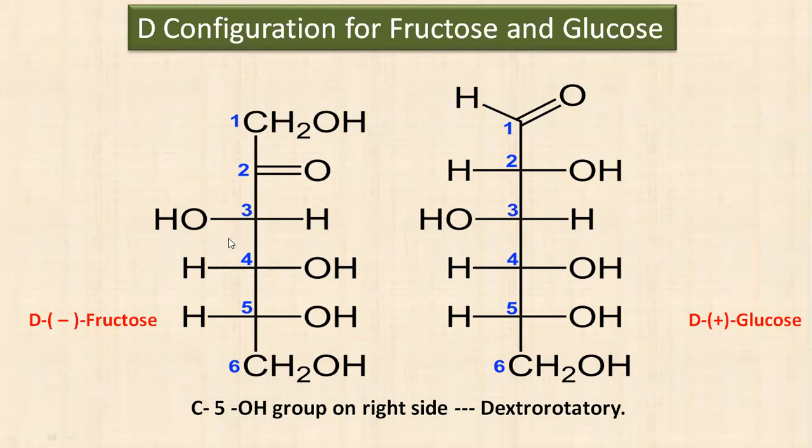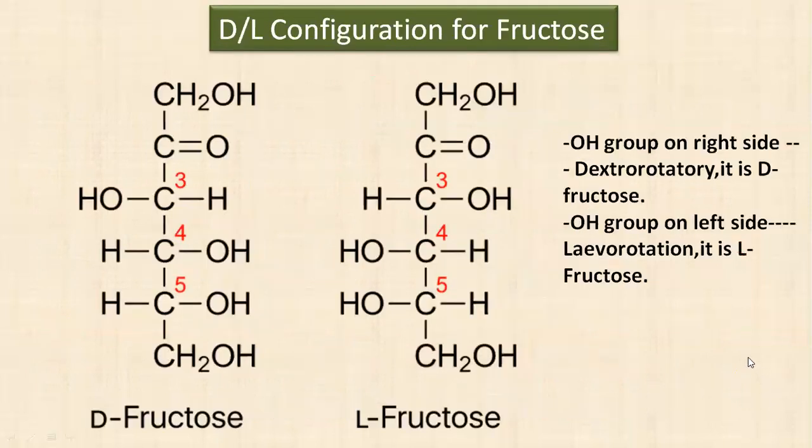So this is the D configuration for fructose and glucose. This is for the L configuration. See here, carbon number 5 has the OH group on the left side and therefore it is levorotatory and it is L-fructose. Whereas here the OH is on the right side, it is D-fructose.